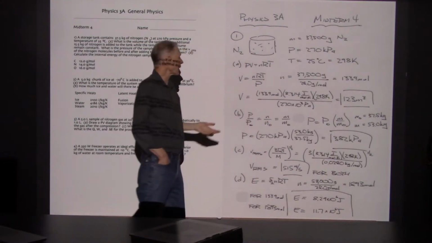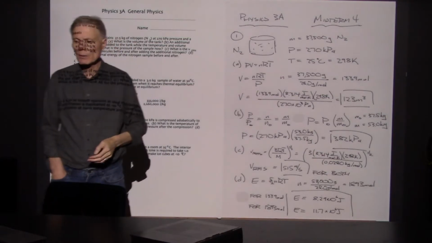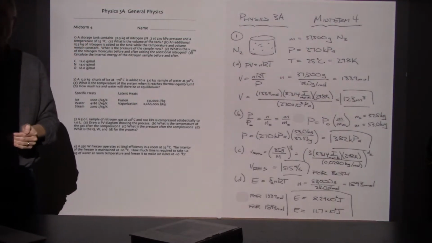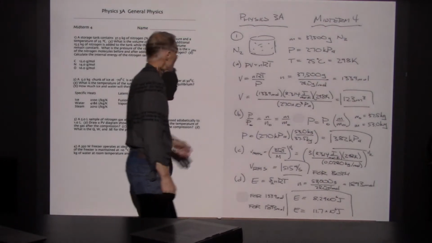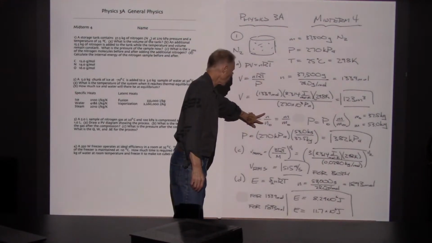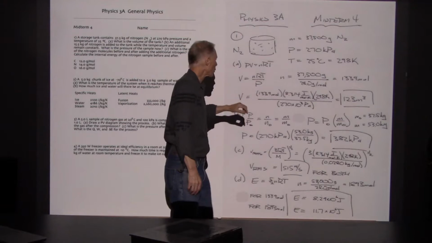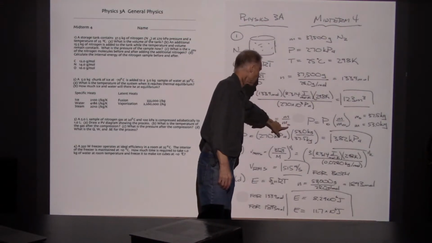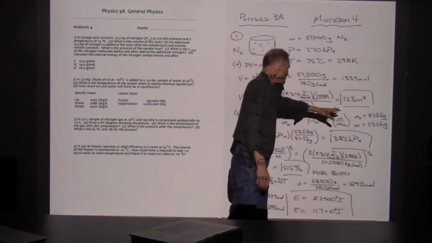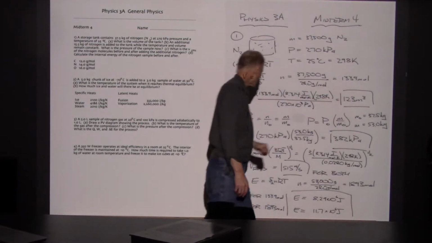Now I could go in and calculate how many moles there are with the addition of nitrogen, but I could also continue that ratio and say that the ratio of the number of moles after and before is equal to the ratio of the mass after and before. So the pressure is going to go up by that ratio.